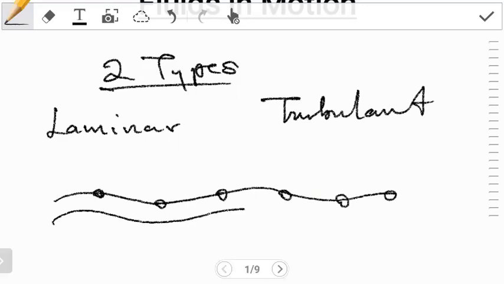The key thing to take from this is that in a laminar flow, particles from one stream do not cross to the other. Particles will always stick to their stream. These paths that they take are called streamlines.